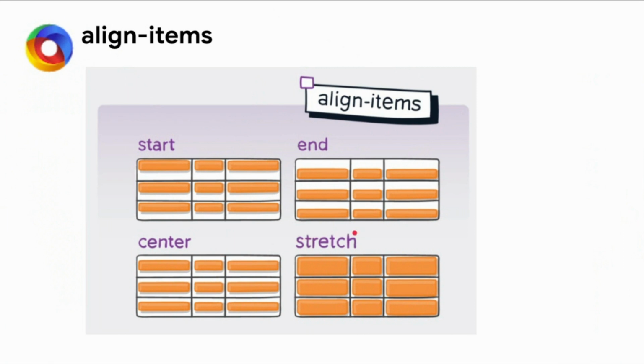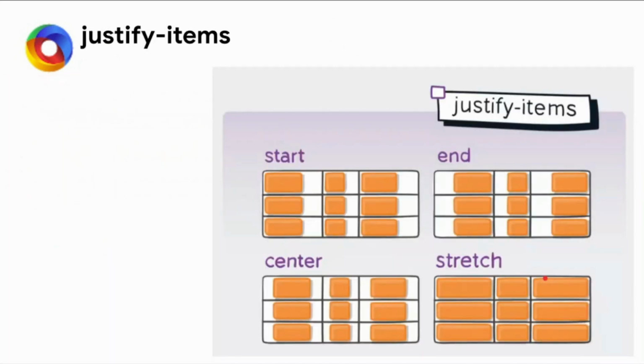Everything would be stretched, so your grid cell will take almost all the area. We have already seen that justify items and justify self, these two properties are not in flex. They are in grid, and they play a crucial role here.